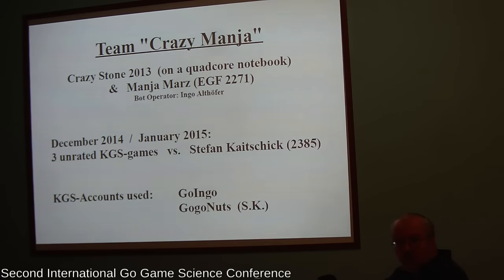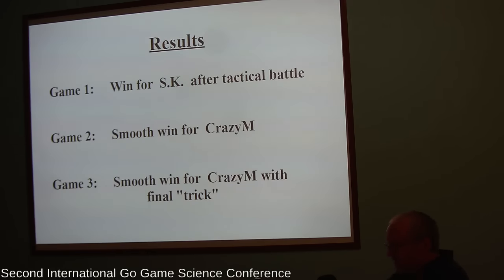And before we played, Stefan was clear favorite, and you see what turned out. Game 1 was a win for Stefan after some technical battles, and it also showed Manja had never done some sparring before. It was her very first afternoon in this game.